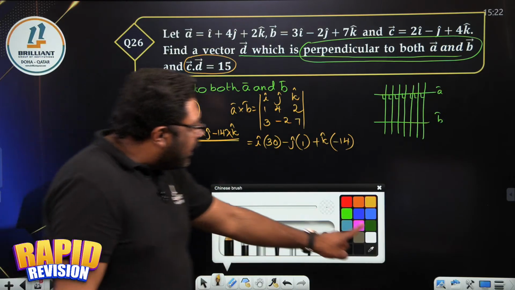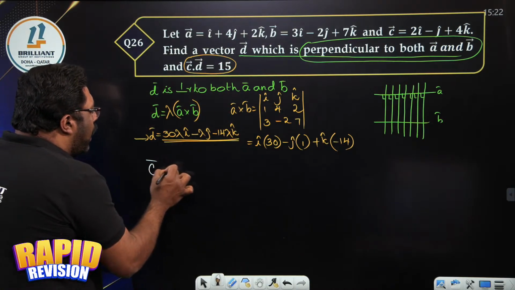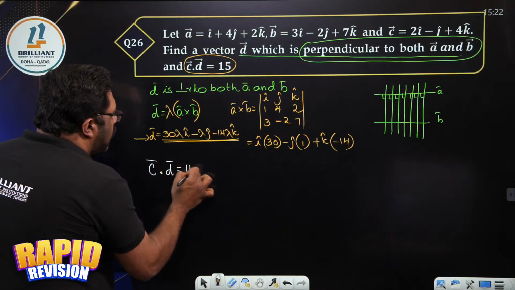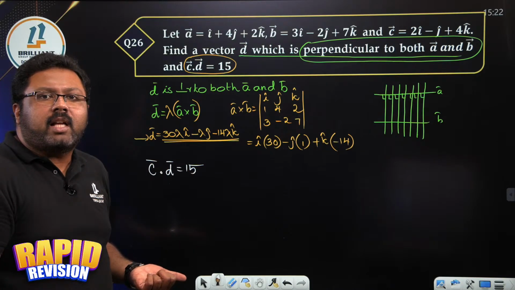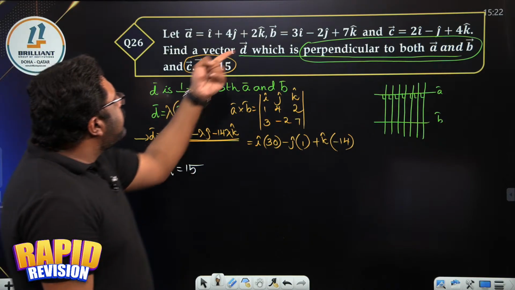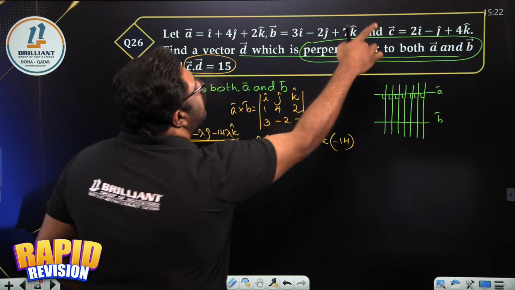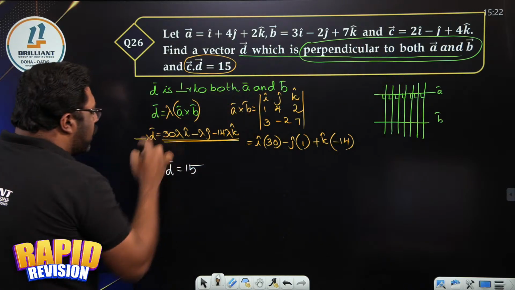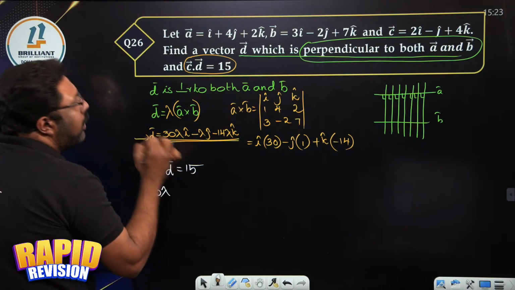Because I have a second condition which says C dot D equal to 15. What is the second condition that exists in the question for us? Dot product of C and D is 15. So what's C for us? 2, minus 1, 4. Take the dot product. 2 into 30, 60 lambda.